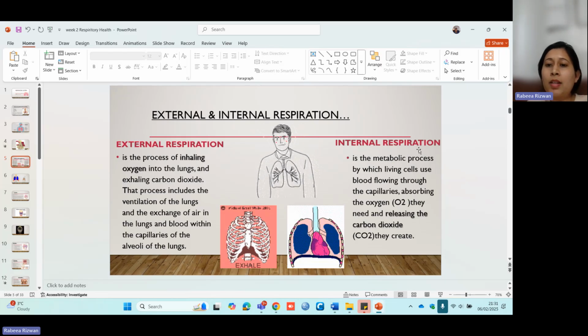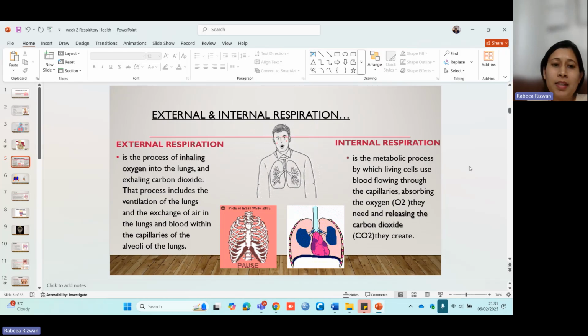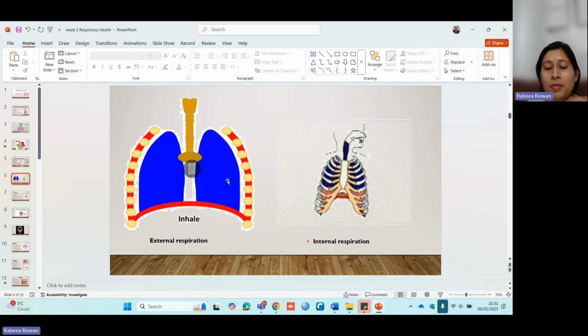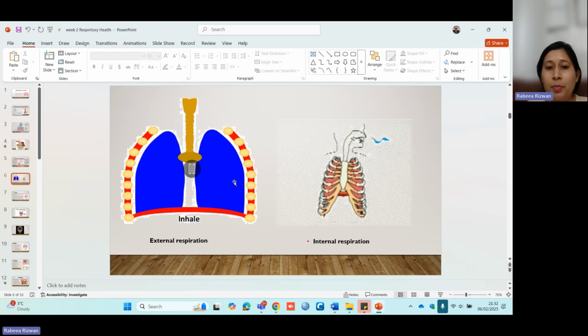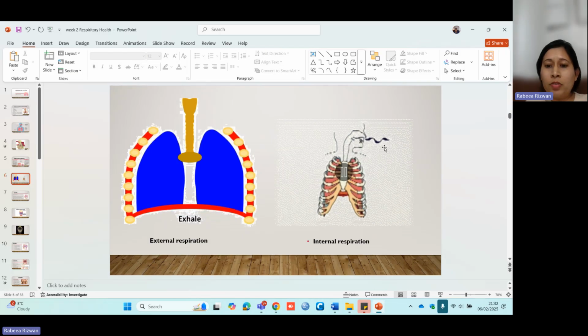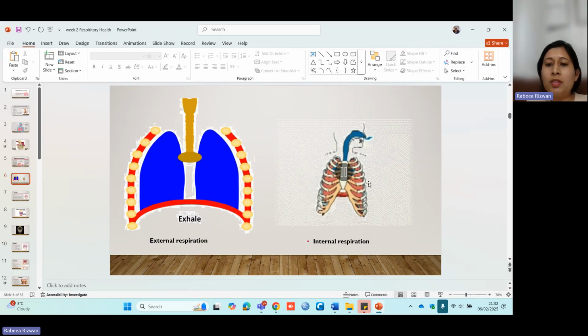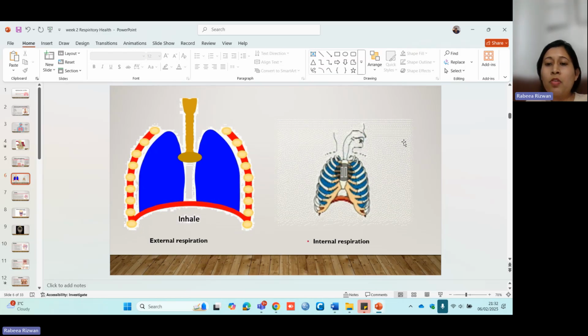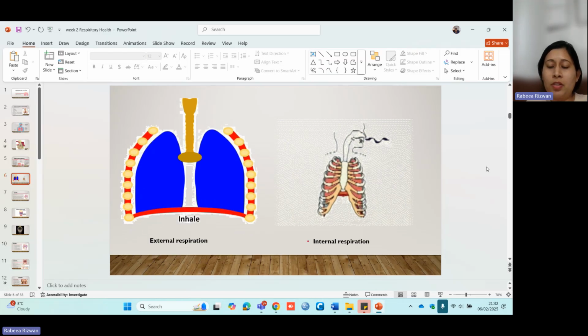And this is called internal respiration. So when we inhale air, our lungs expand because they are filling with air like a balloon. And when we exhale air out, they contract as they expel the air along with removing the waste gaseous material within it.